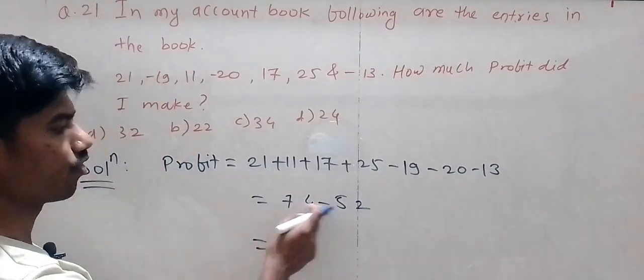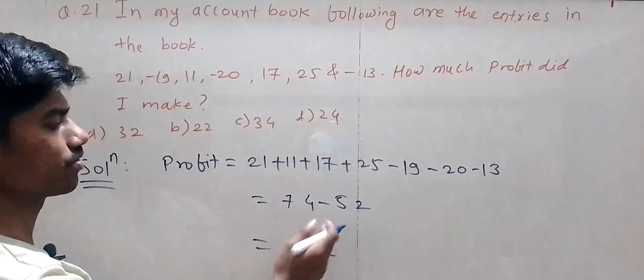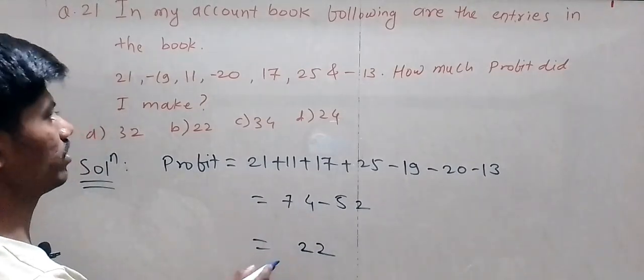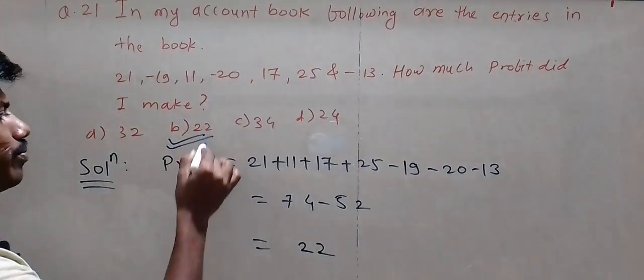Last step, 74 minus 52 is 22. 22 is your final answer. Option B is the correct one.